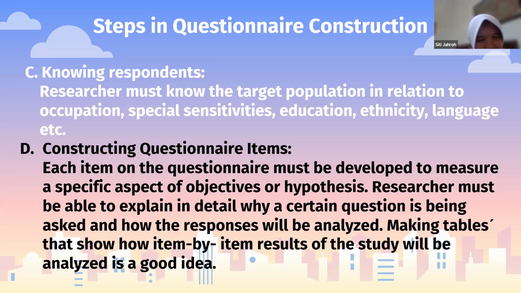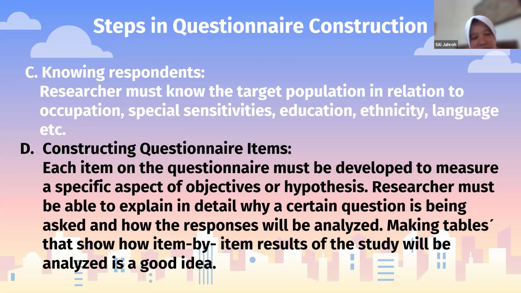And then the fourth one, constructing questionnaire items. Each item on the questionnaire must be developed to measure a specific aspect of objectives or hypothesis. The researcher must be able to explain in detail why a certain question is being asked and how the responses will be analyzed.